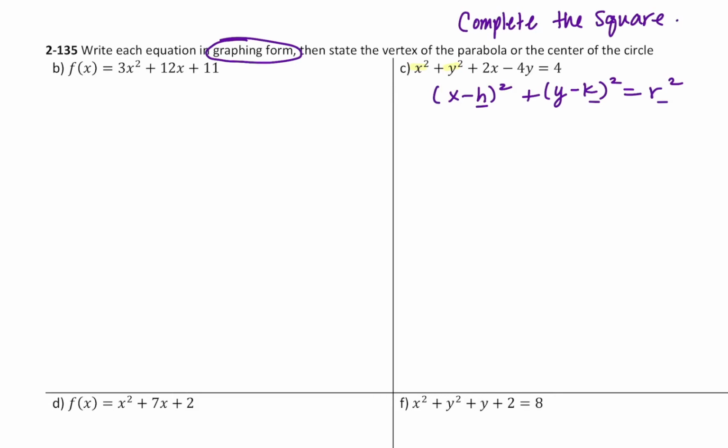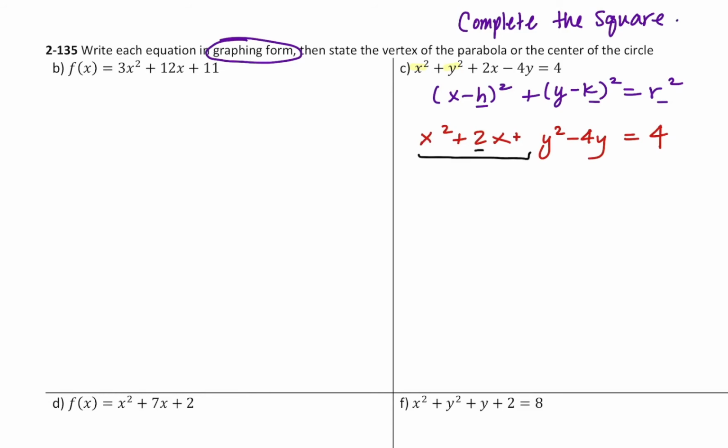What I would suggest, like I said in class, is to rewrite this with the x's together, so x² + 2x, and then the y's, y² − 4y, and then keep the constant 4 on the other side. Now we have to complete the square for the x quadratic part.